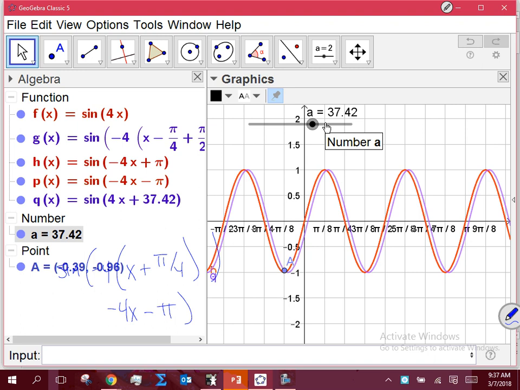If I ever ask you to do that, WebAssign might ask you to, but they'll give you restrictions. Because obviously WebAssign doesn't have written in the background the coding to match up infinite possible solutions, right? So they'll say, use sine only, okay? Because we could actually mimic that purple graph with a cosine function too. Because we know cosine and sine are just translations of one another, aren't they? By pi over 2.